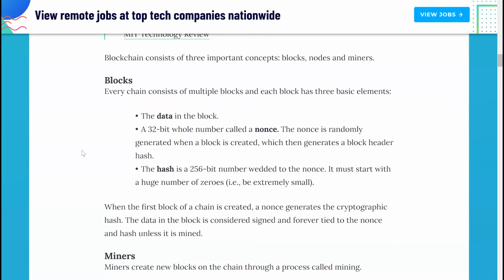The hash is a 256-bit number weighted to the nonce. It must start with a huge number of zeros, i.e., be extremely small.